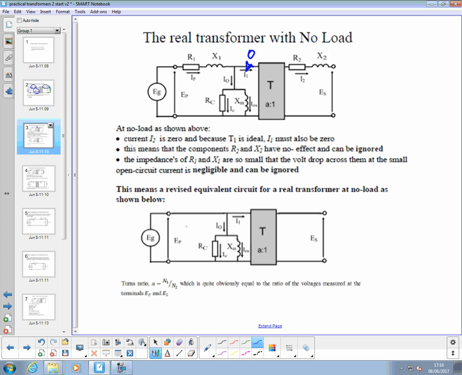Yep. So the only current flowing is the current that flows in there and goes down through those two components. This means that the components R2 and X2 have no effect and can be ignored. So we can forget those two. They don't do anything.